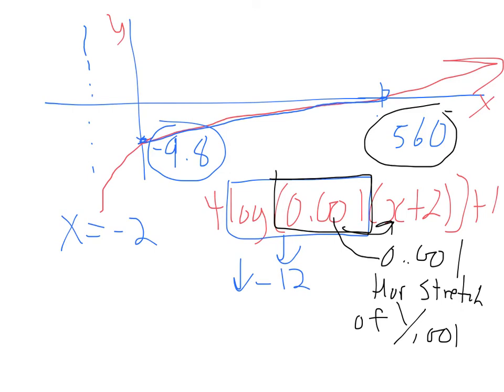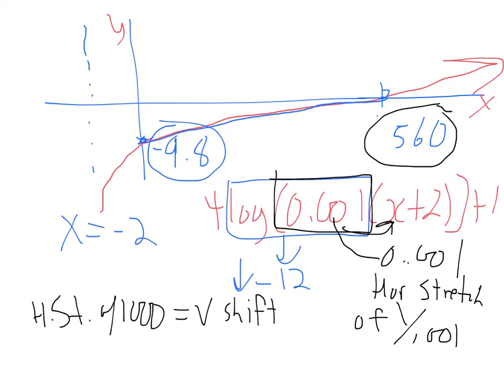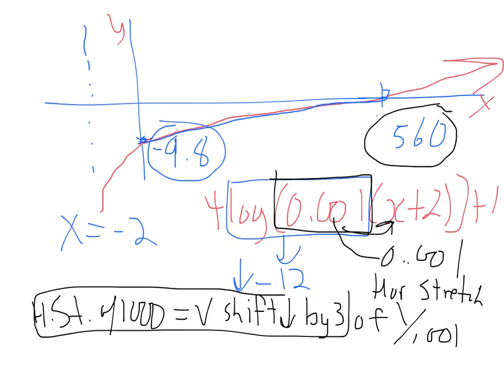But the interesting part is that a horizontal stretch of 1,000 equals a vertical shift down by 3.